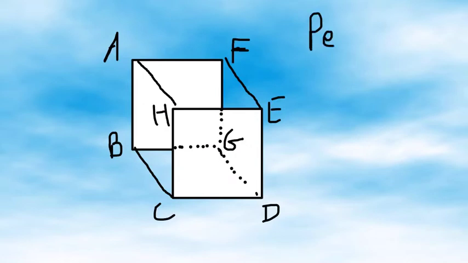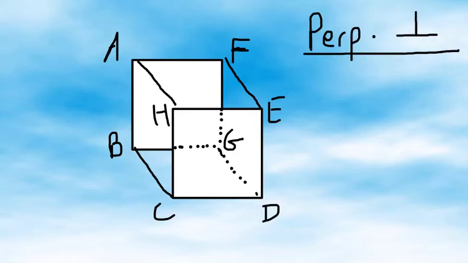Let's go and look at some perpendicular. The symbol for perpendicular is an upside down T. It looks like this. So as an example, we might say that CD is perpendicular to line ED. In other words, when this line meets this one here, or this back one as well, they're going to be forming four right angles.